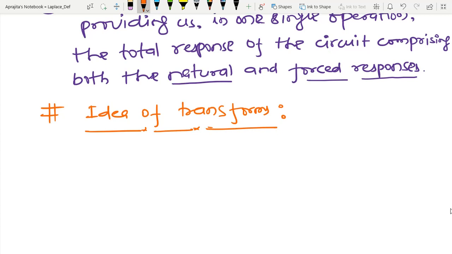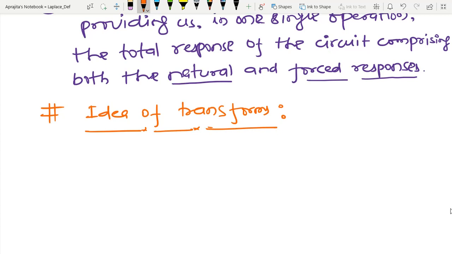Transformation is nothing but some kind of operation which will turn some function or polynomial, or you can interpret as some equations, into another kind of equations, another kind of matrices, another function, another polynomial.